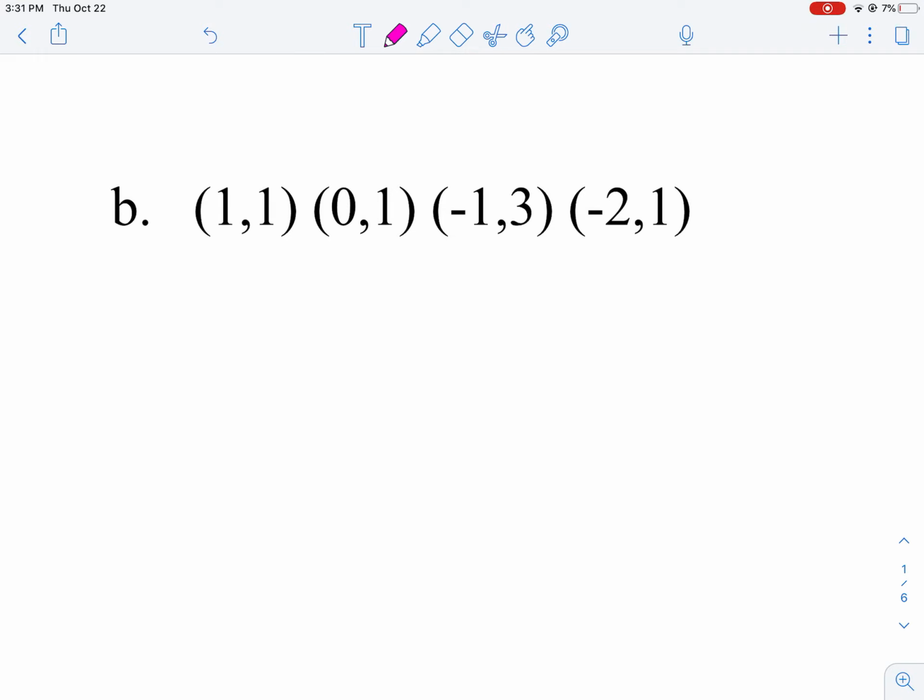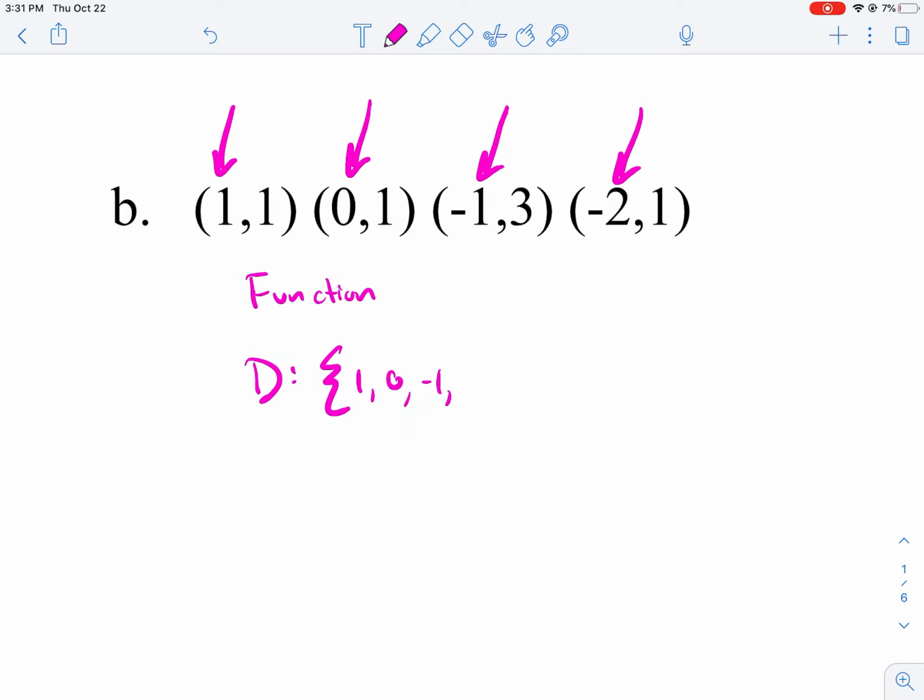Let's look at B. What we're looking for is whether or not we have any repeated x values. I take a look at these, and as you can see, they're all different, so we do have a function. And what's our domain? It's all of our x values, so I see a 1, a 0, -1, -2.